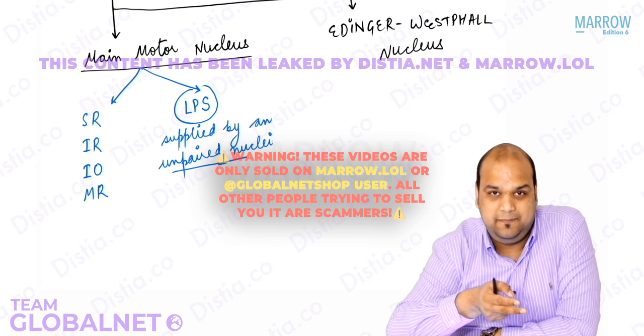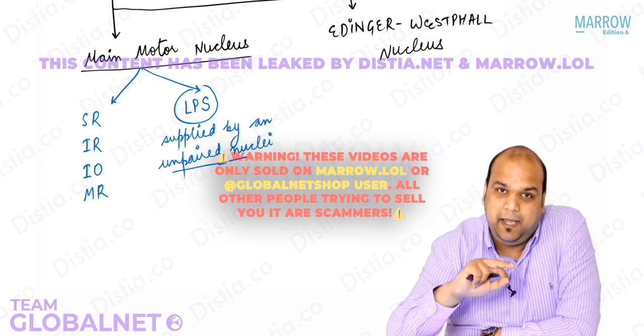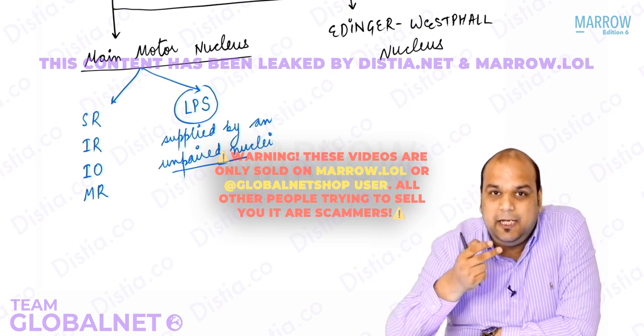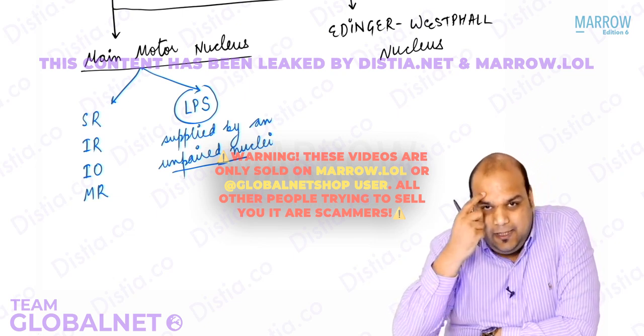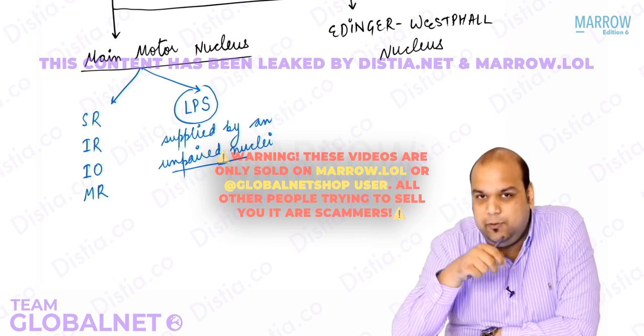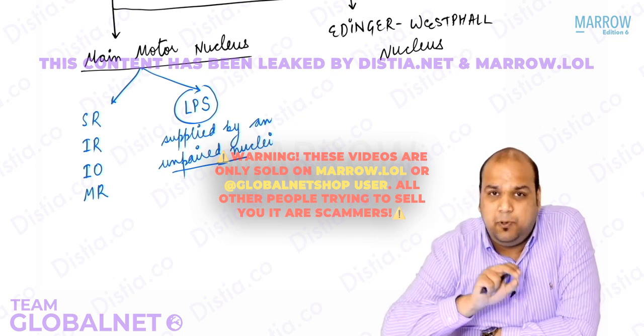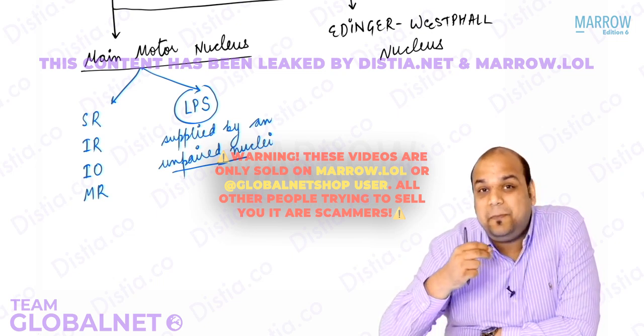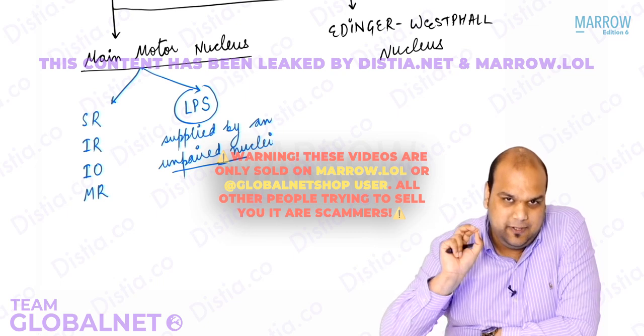Are you getting what I'm saying? If I say paired nuclei, pair means 2 things. So for superior rectus, there is a paired nucleus. Right nucleus, left nucleus. For inferior rectus, right nucleus, left nucleus. But for LPS, both the LPS are supplied by a single subnucleus. So it has an unpaired subnucleus. Are you getting my point here, everybody?